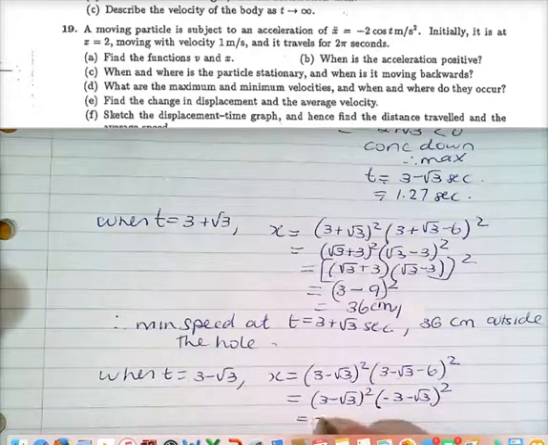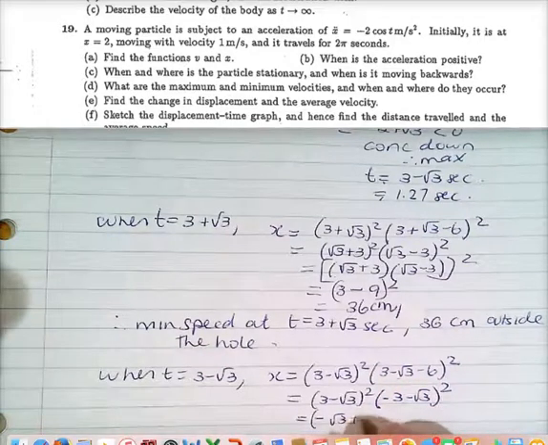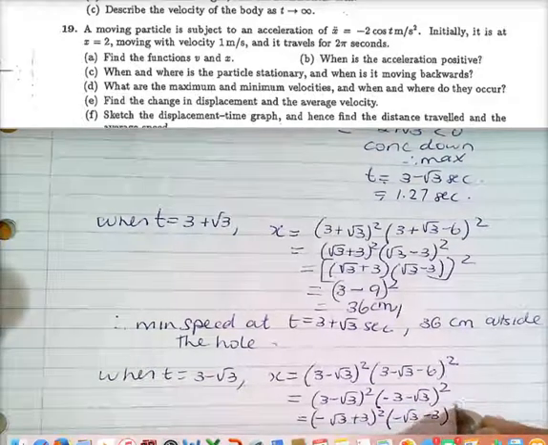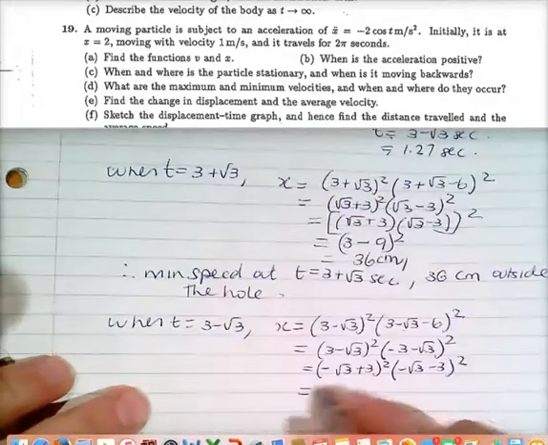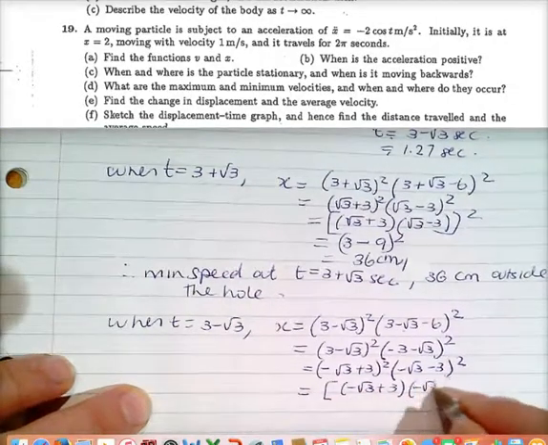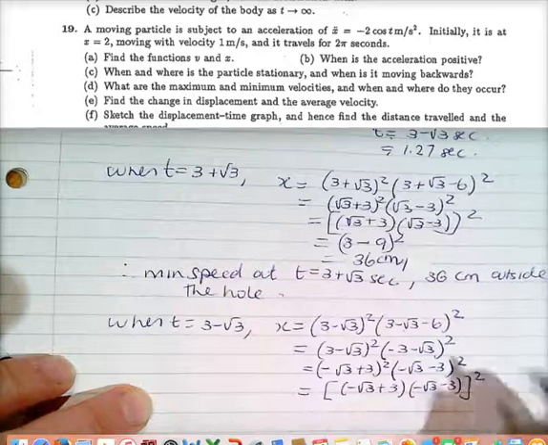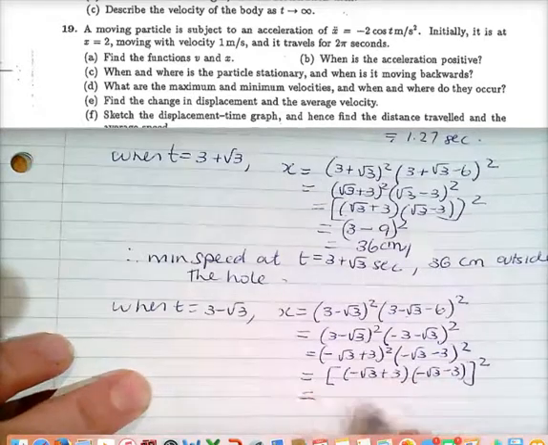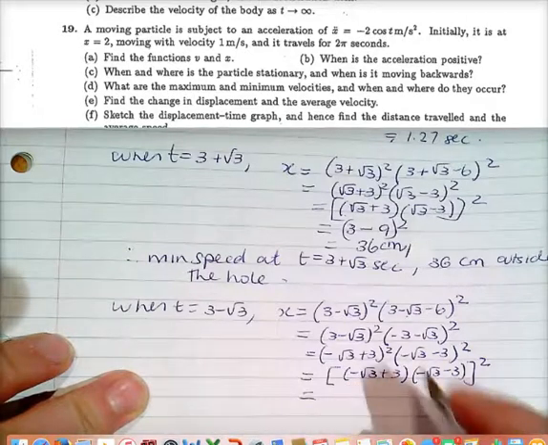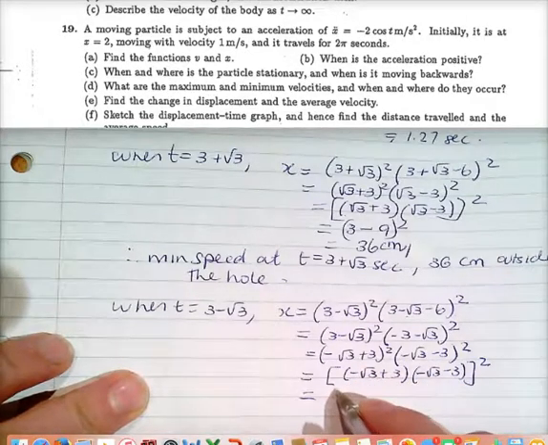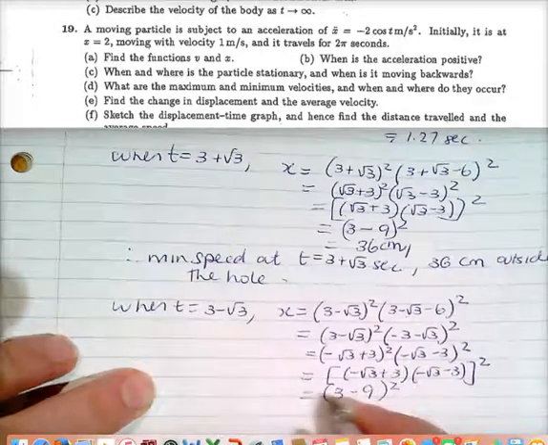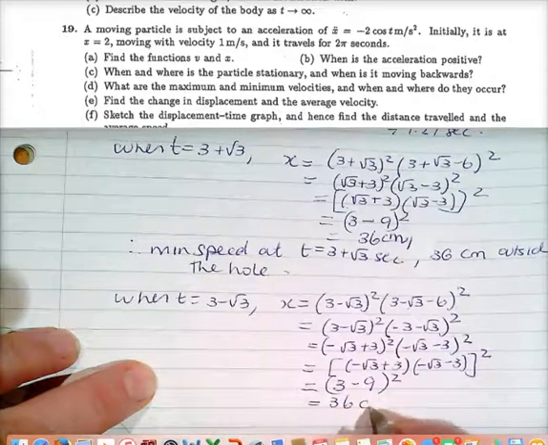Now I'm going to write that as negative root 3 plus 3 squared, negative root 3 minus 3 squared, because that can be written as negative root 3 plus 3 times negative root 3 minus 3, all that squared, which now is a difference of 2 squares, so it's a plus b, a minus b, so it's negative root 3 squared, which is 3, minus 9, all squared again, 36 centimetres.